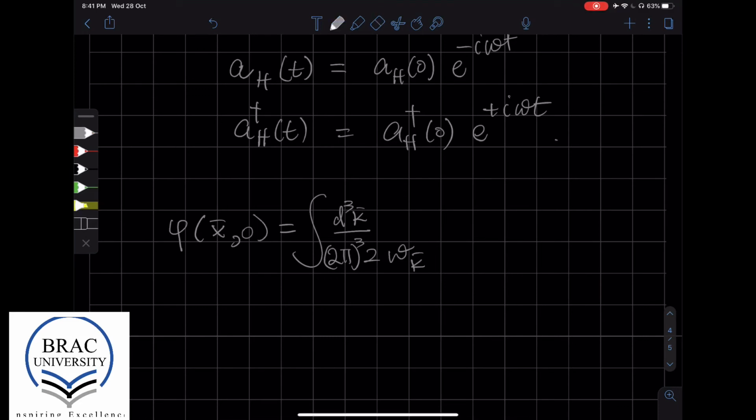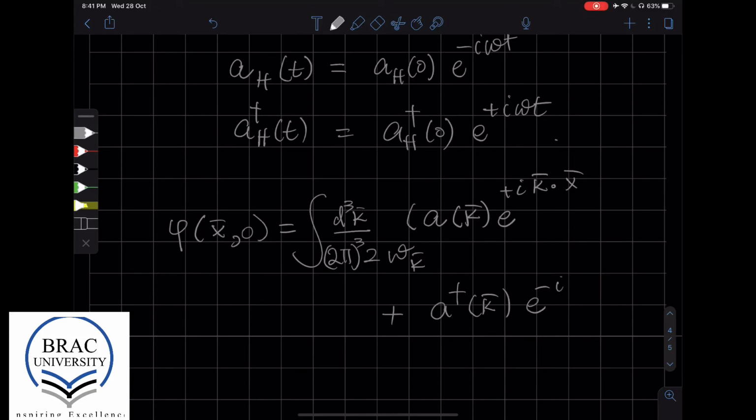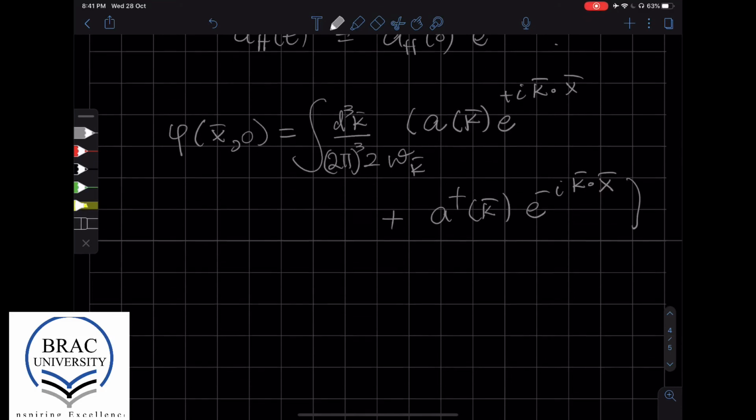Towards the end of this lecture, I will show that this omega k is nothing but the energy, but let's not jump ahead. And then we have a of k times e to the power plus i, the dot product between the three-dimensional k and the three-dimensional x, plus a dagger of k, e to the power minus i, and a three-dimensional dot product between k and x.